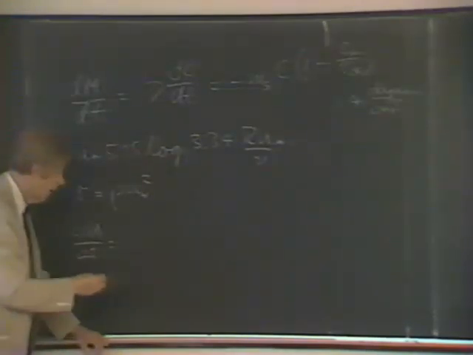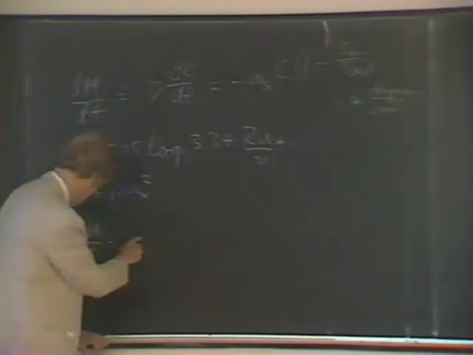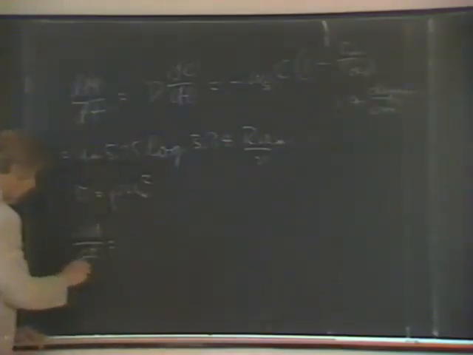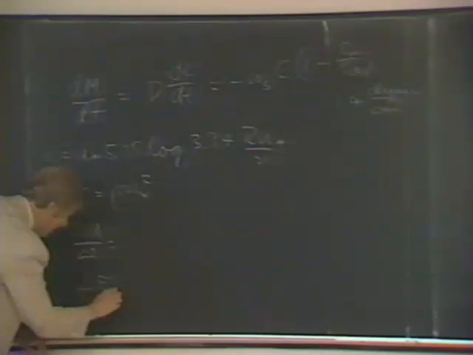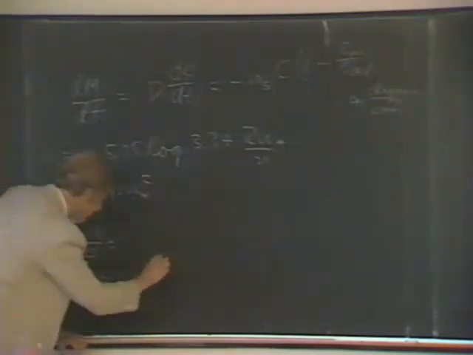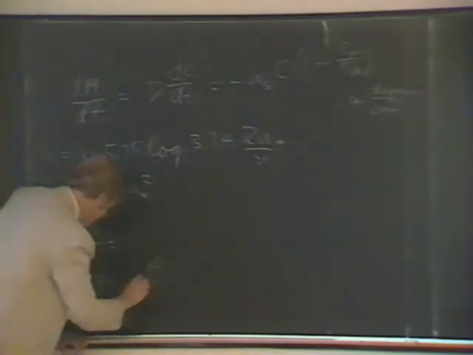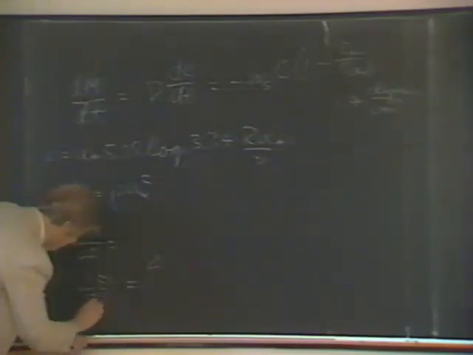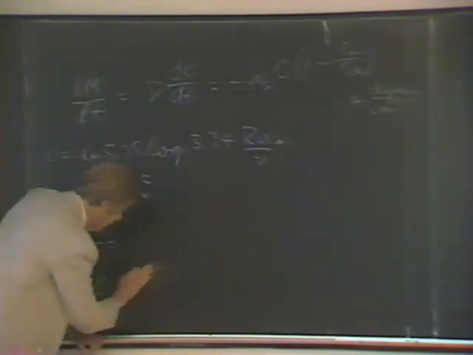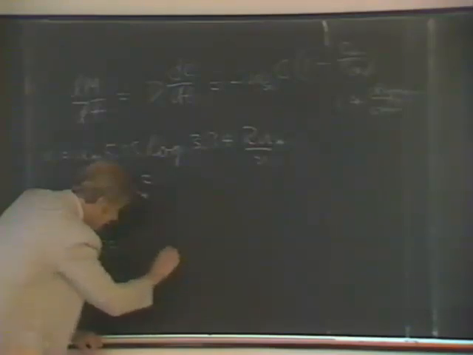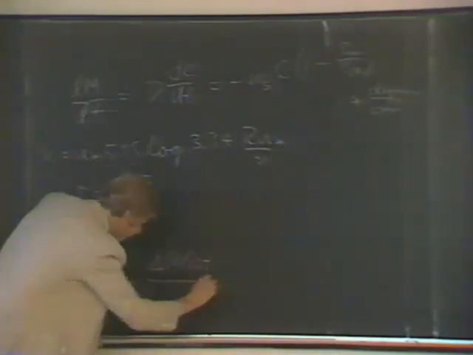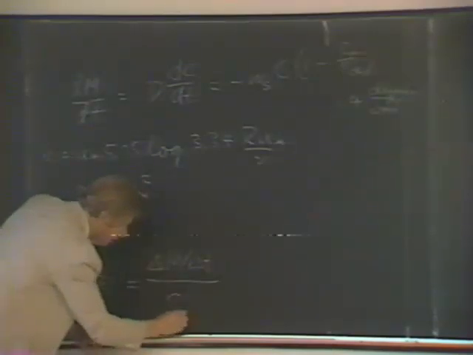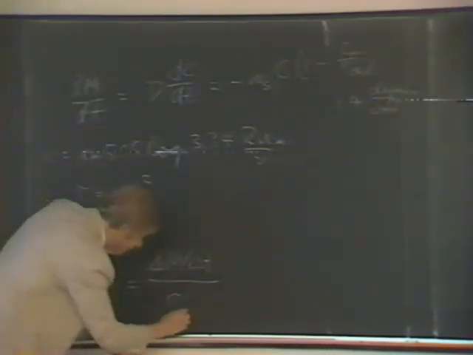So for that, you need to get the change in elevation, let's say, of the bed. That's equal to delta M over delta T, divided by the concentration of solids in the bed, right?